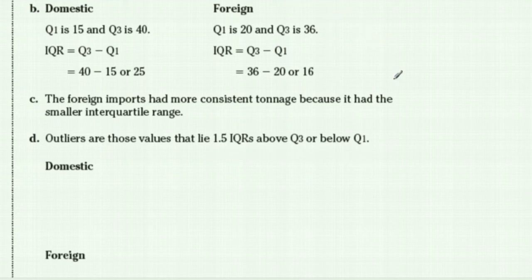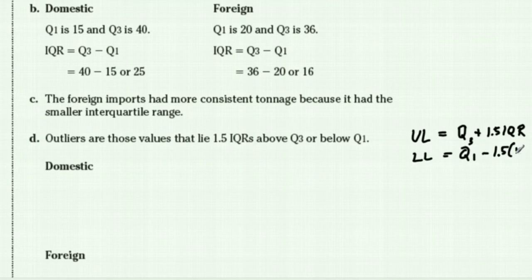If we write the limits of our outlier, the upper limit would be equal to your upper quartile, Q3, plus 1.5 IQR, and our lower limit would be our Q1 minus 1.5 IQR. Anything beyond these two limits will be an outlier.